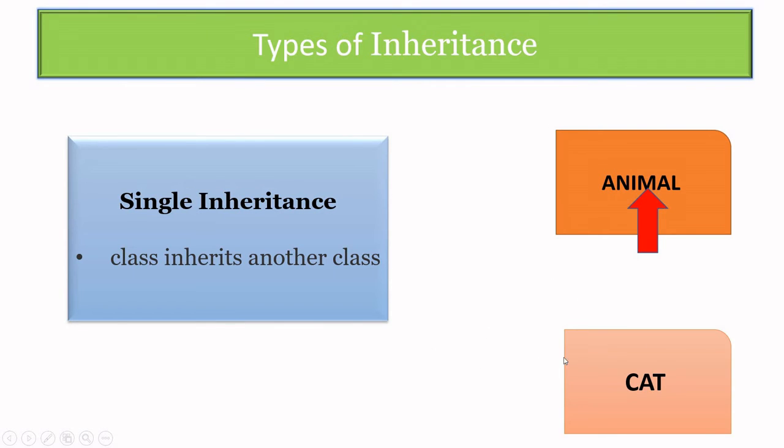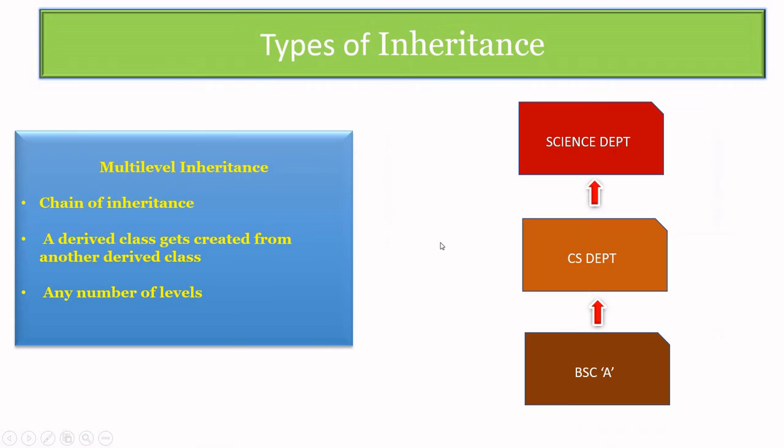If you have some other class, for example a dog instead of a cat, you can say dog is an animal. You must remember, when you are creating a single inheritance it must contain one base class and one derived class. That type of inheritance is called single inheritance.